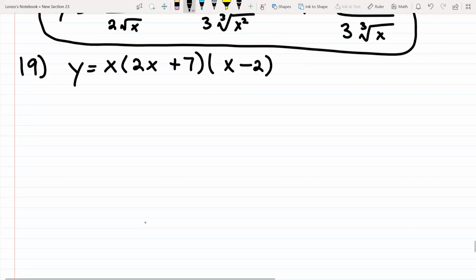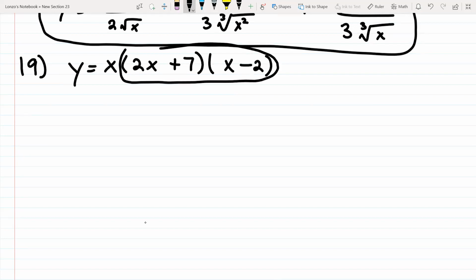19, almost done. There's 20, so just 2 more. So what would I do? I think I would apply the product rule, but before I apply the product rule, I'm going to FOIL this thing right now.